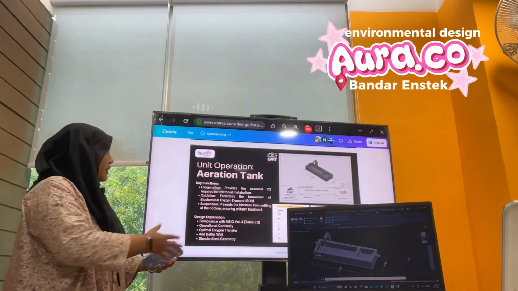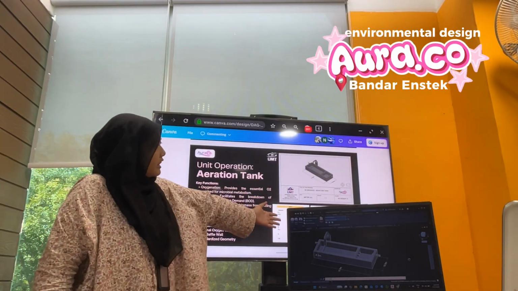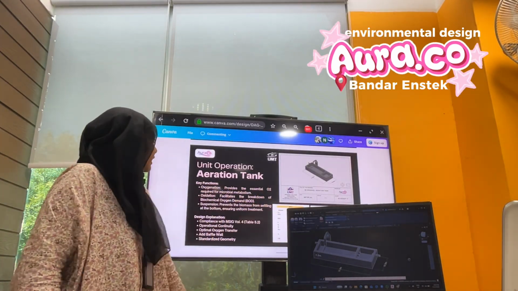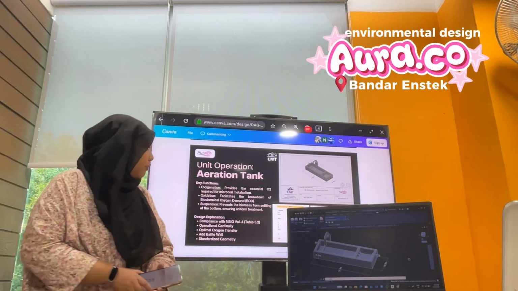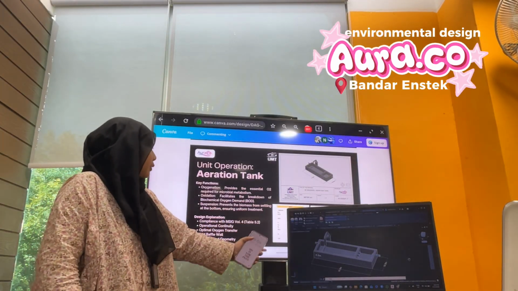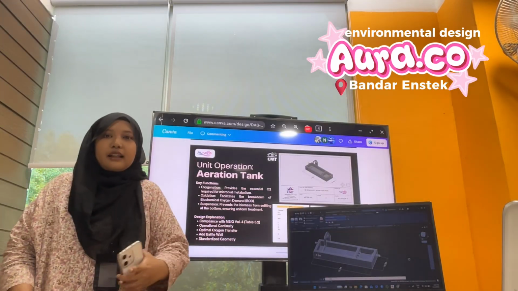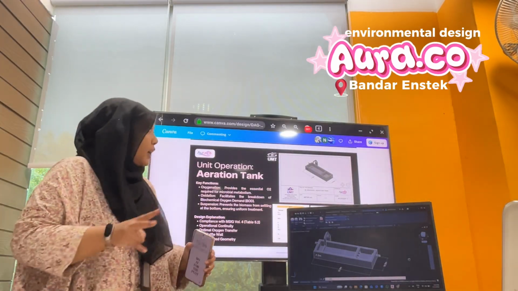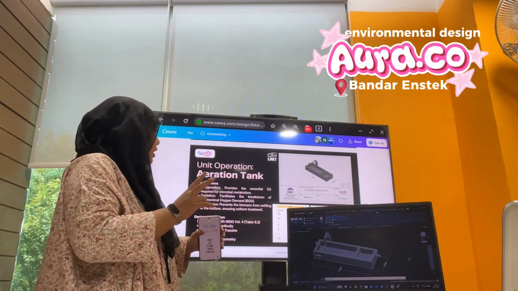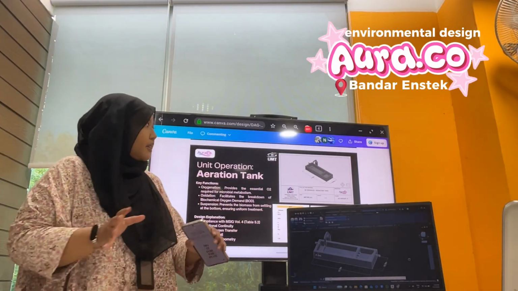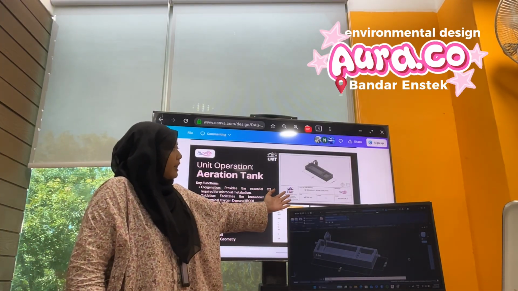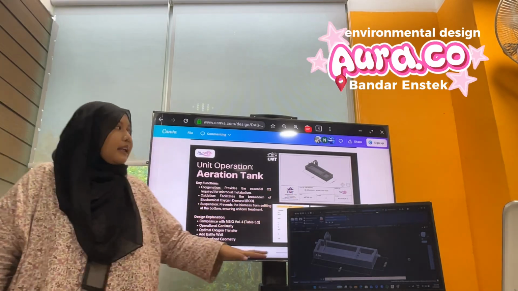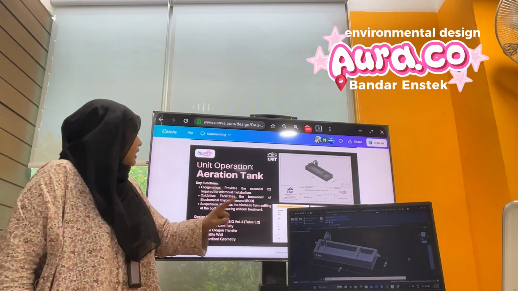So, for the design explanation, as you can see here, this is our result. First, we comply with MSIG Volume 4, Table 5.2, which states that every wastewater treatment plant needs at least two aeration tanks. So this is the design for one aeration tank, but in the overall plan layout, we need to have 2 aeration tanks.